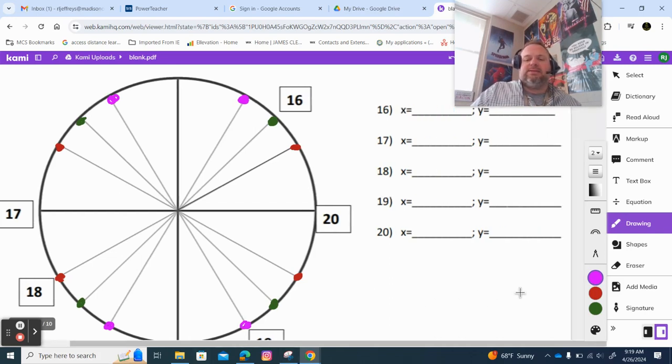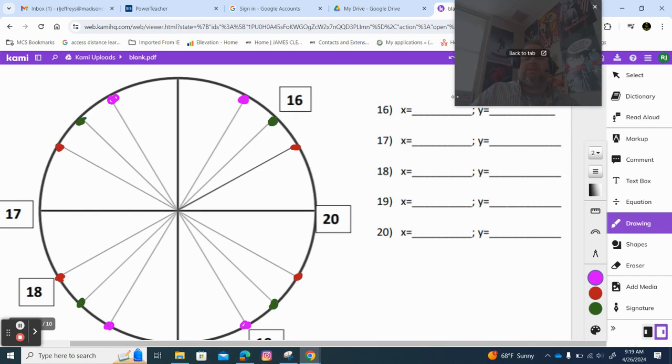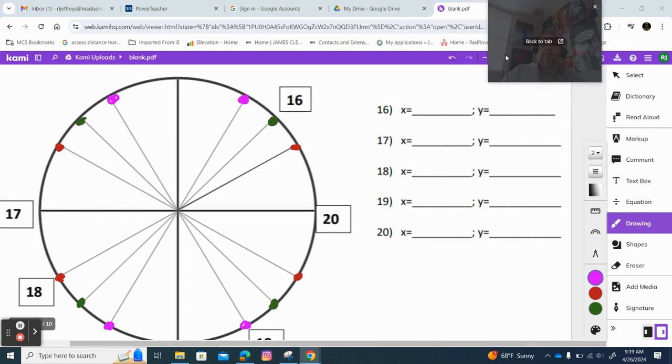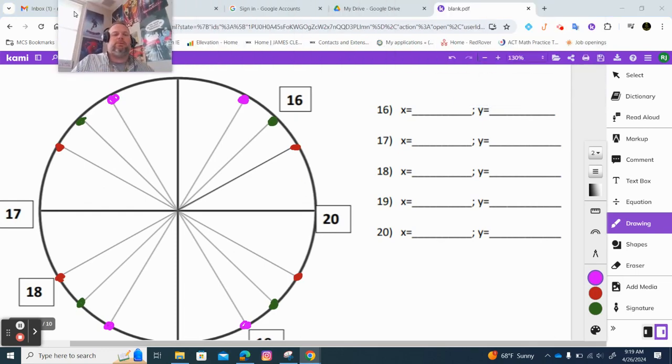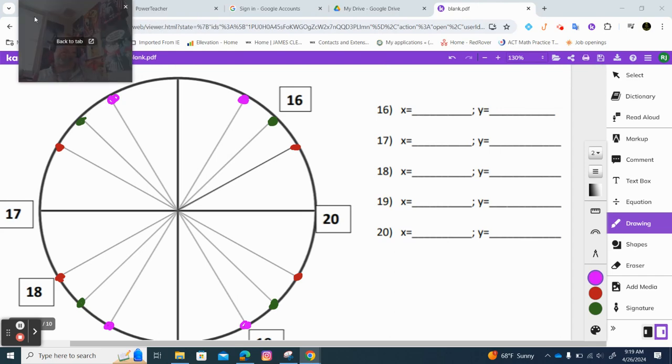They're like this because that means they are basically the same coordinates, same numbers, but the values change if it's positive or negative.